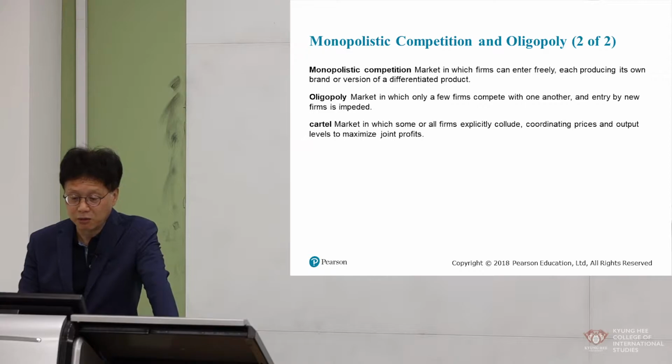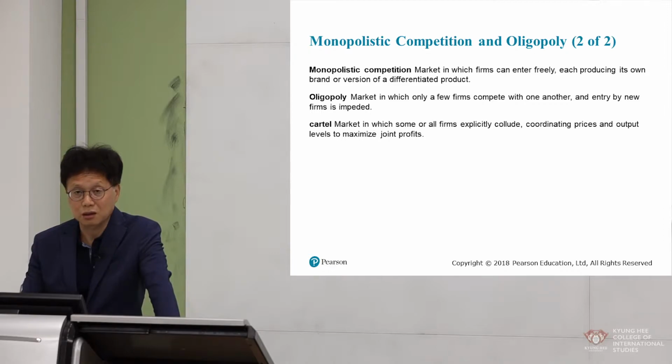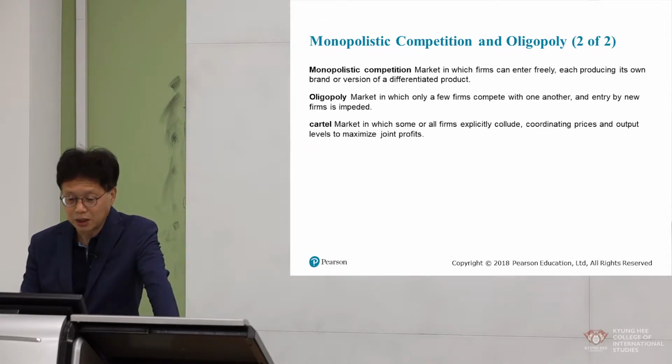And number three, cartel: a market in which some or all firms explicitly collude, coordinating prices and output levels to maximize joint profit. The result is similar to the monopoly case. Okay? But a few firms share all the profit, and production and prices. That is a cartel.